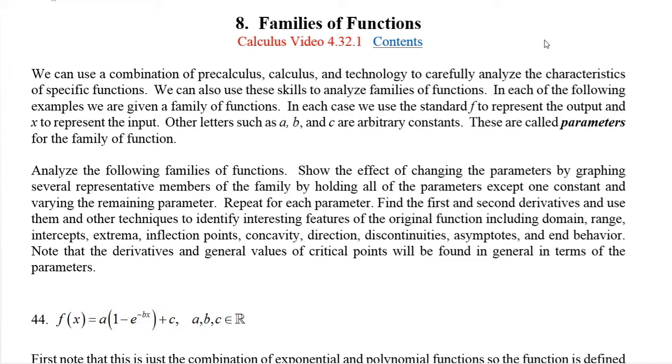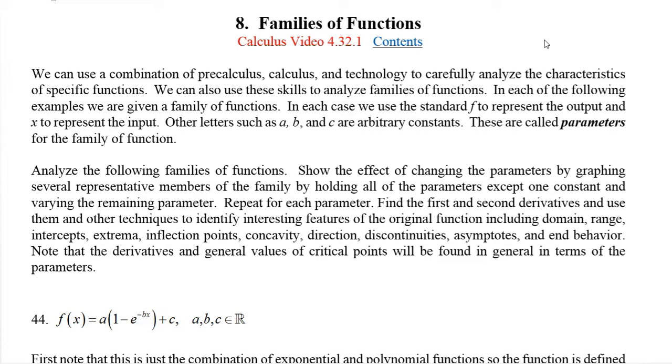So we're going to use the letter x to represent the input as standard, and f, or f of x, to represent the output. That's also standard for functions. But then there are going to be other letters in the formula, like maybe a or b or c, and those are constants.